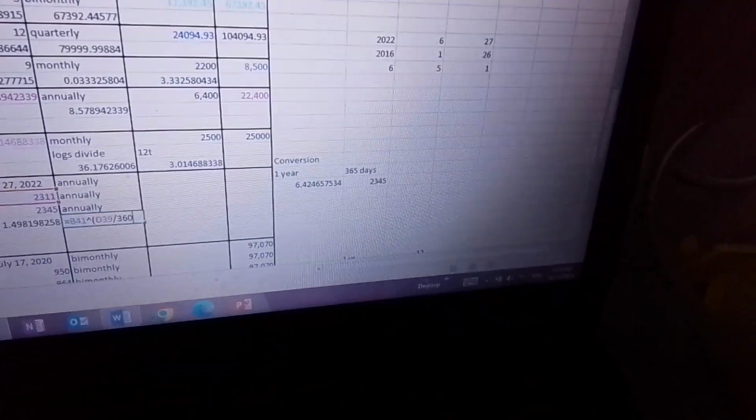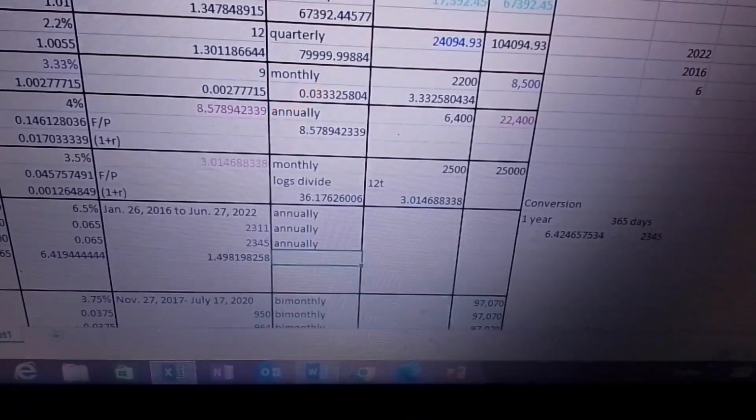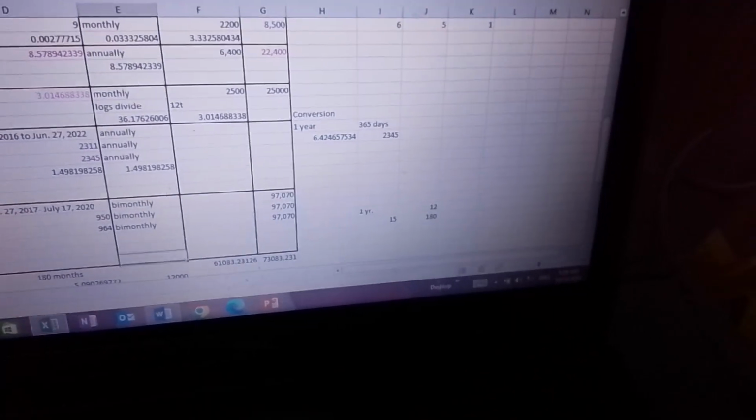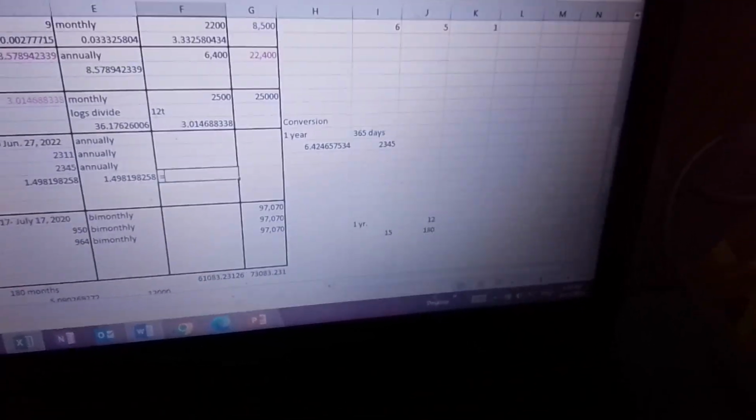Or you can just do this one raised to this guy divided by 360, and you still get the same answer. Okay? Next, after that, we get to multiply that by our principal.